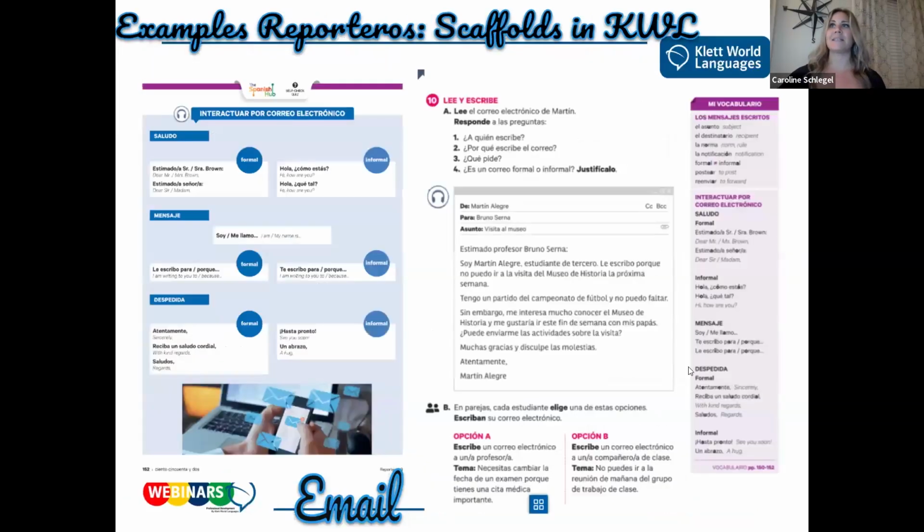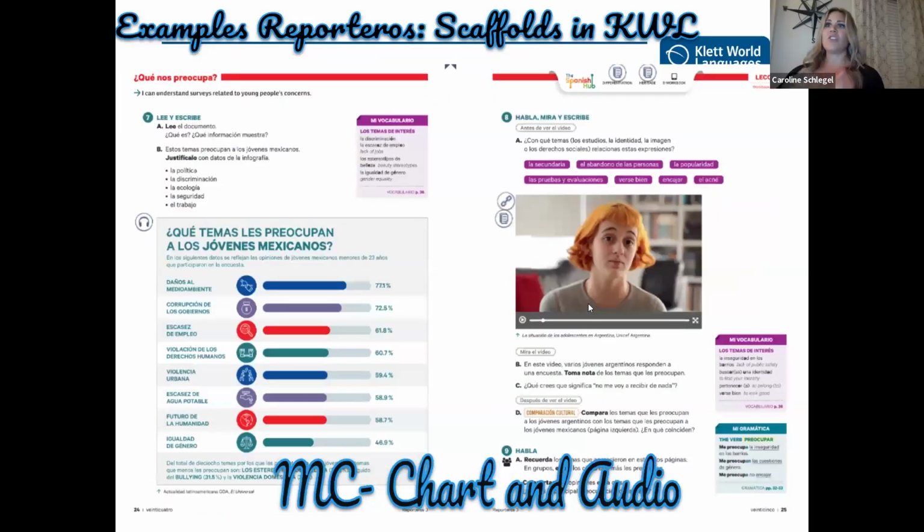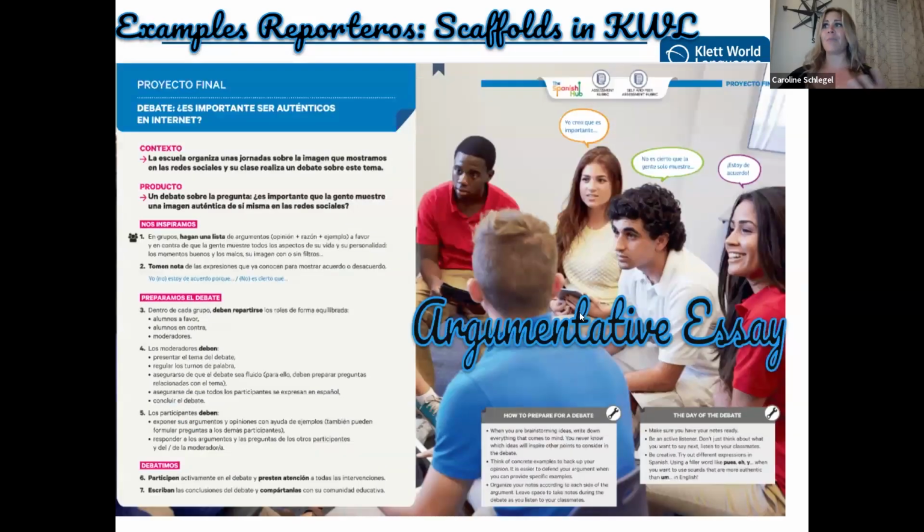Interpersonal writing tasks. And then we jump to the book where you see we're looking at emails again and charts with audio and combining those things and a debate. What a great structure and scaffold a debate is for an argumentative essay, forming an opinion, working together as a group, presenting that argument.